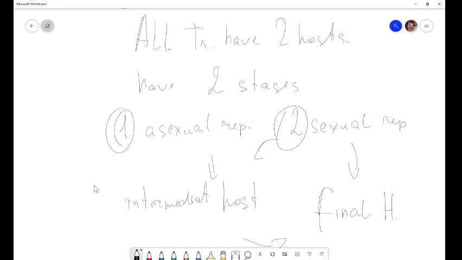And trematodes can have more than one intermediate host. Okay. That is all about the main characters of trematodes.